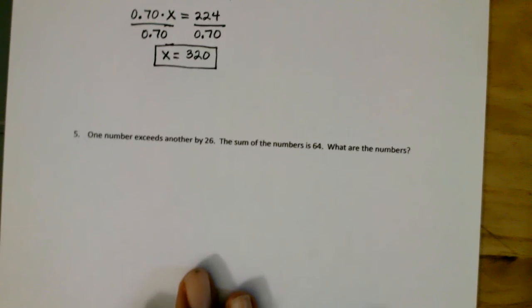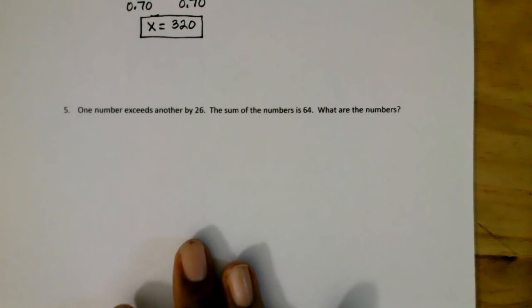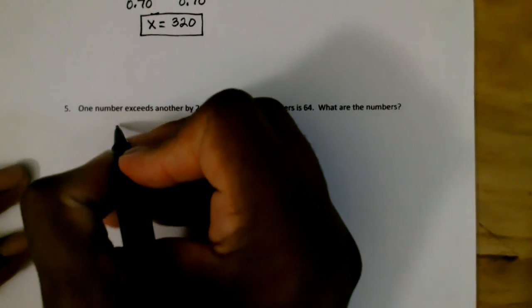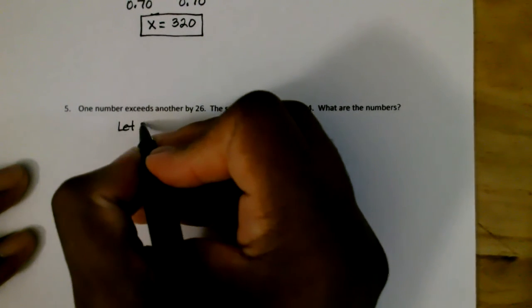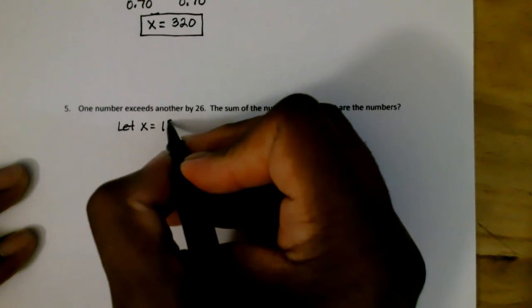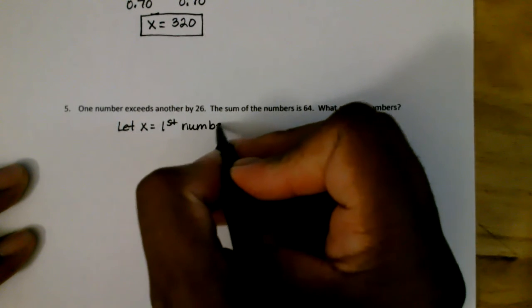And then finally, one number exceeds another by 26. The sum of the numbers is 64. What are the numbers? Okay. We're going to let X be the first number.